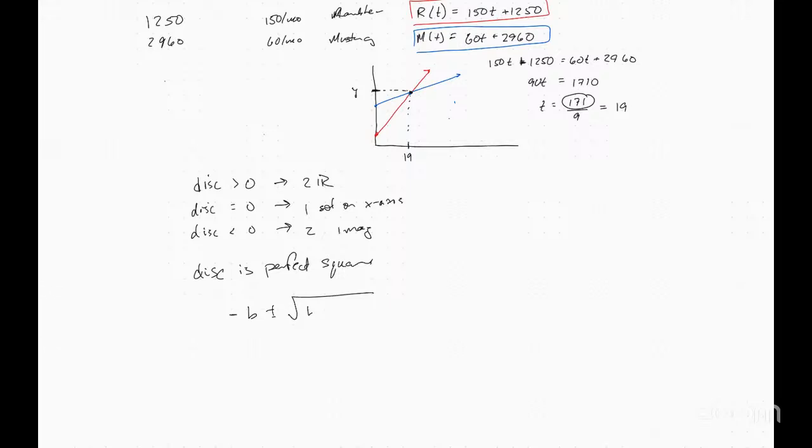If that thing under the root was a perfect square, you could take the square root of it, and that would be a whole number, but that would make this entire thing a rational number. So they're rational numbers. Okay. Yeah, 2 rational solutions. That's what that means.